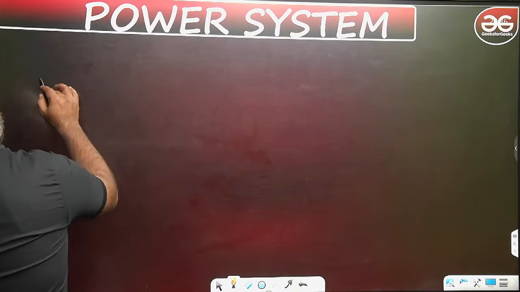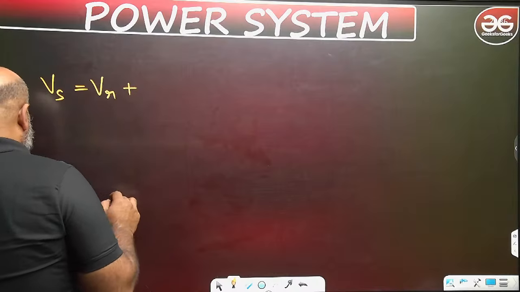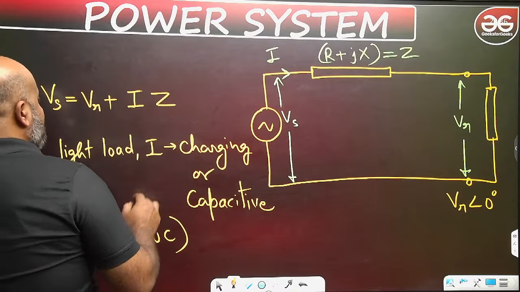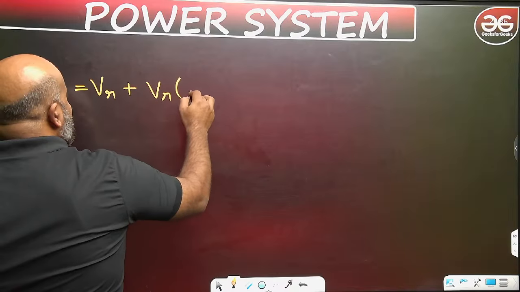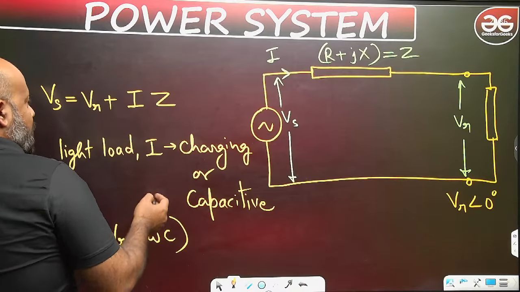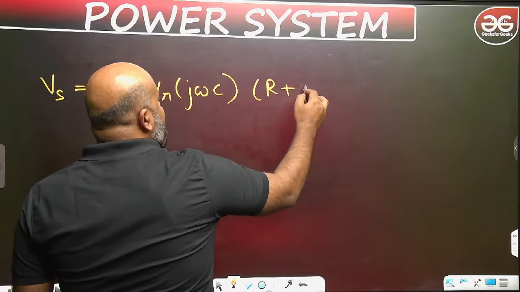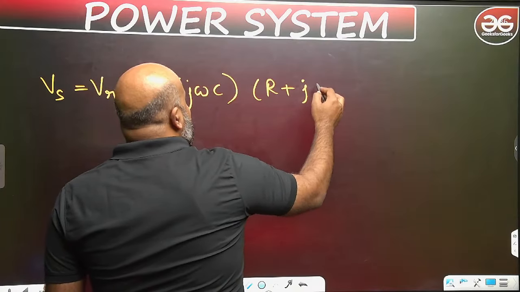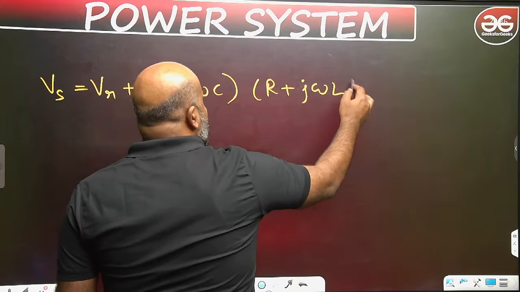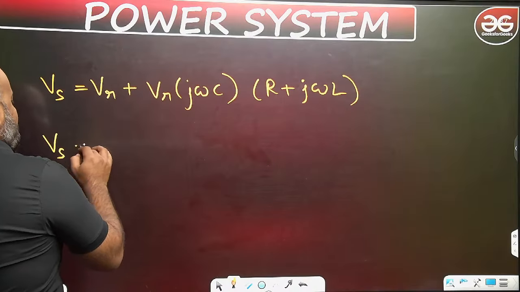So what you are getting: Vs is Vr plus, what is Ir? It is Vr j omega C, and Z is how much? Z is R plus j omega L. If you want, you can simplify this a little bit.